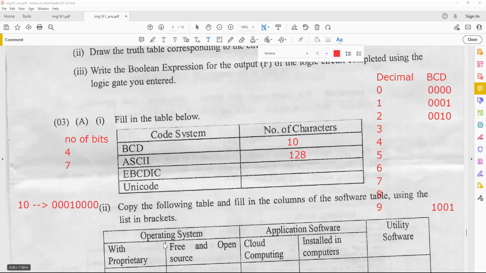Yes, we are using 8 bits. Good. So we are using 8 bits, which means how many characters for EBCDIC? 256 characters.